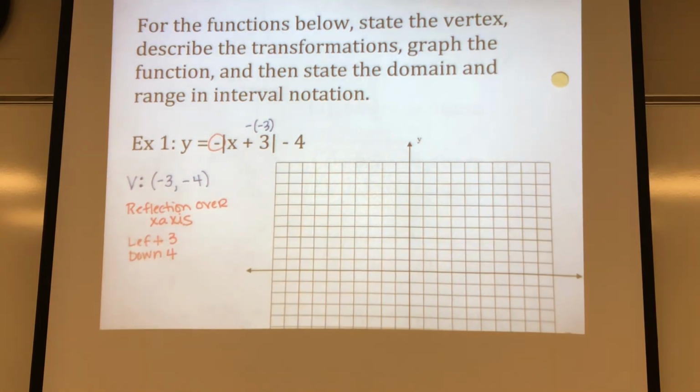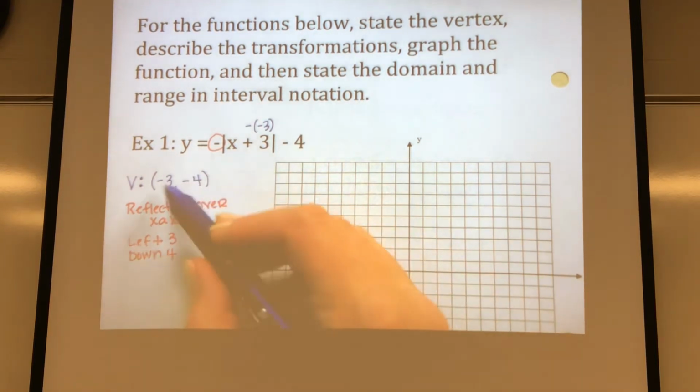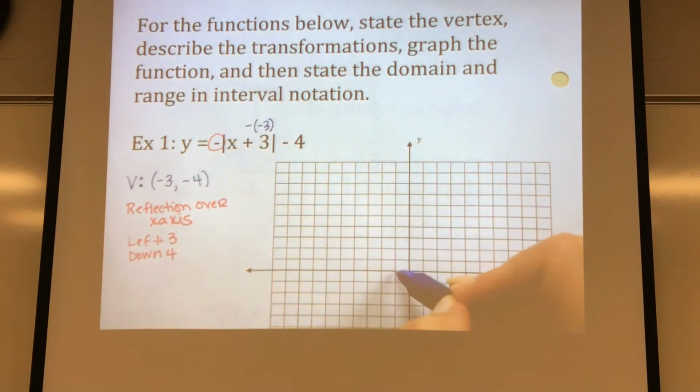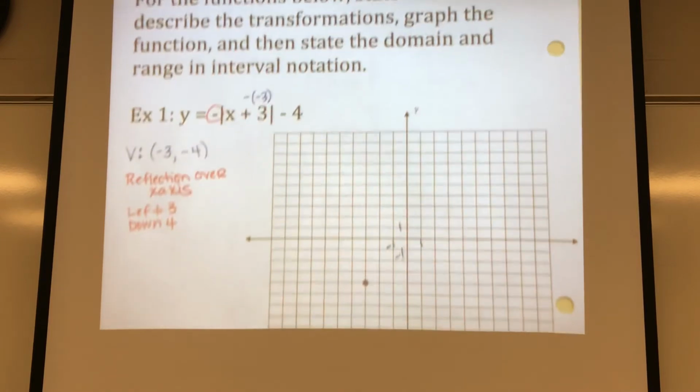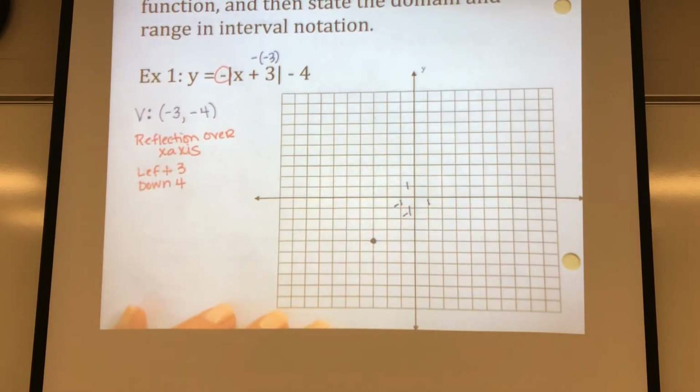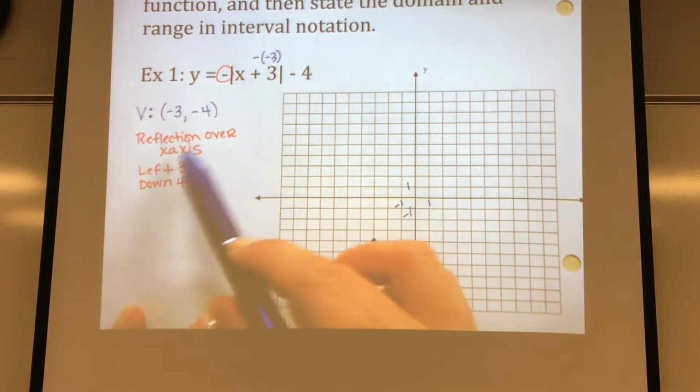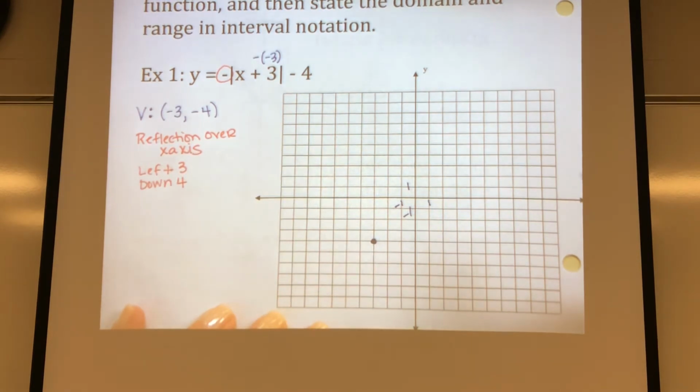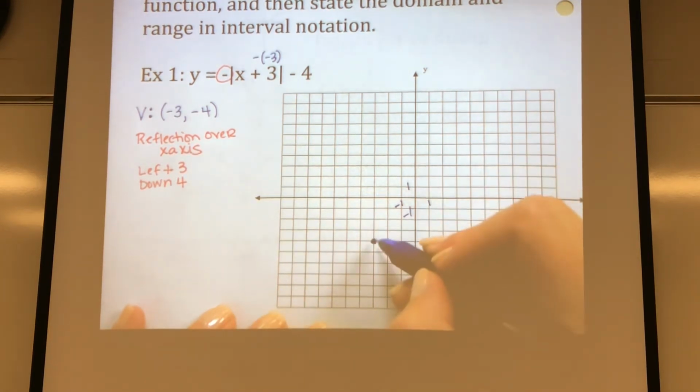All right, so now let's graph it. We know that our vertex is -3, -4. 1, 2, 3, 1, 2, 3, 4. I want to make sure we have our scales on here. Know what we're counting by. We know it's going to open down because there was a reflection over the x-axis. And we didn't have any vertical stretches or shrinks, so that means our slope is going to stay the same.